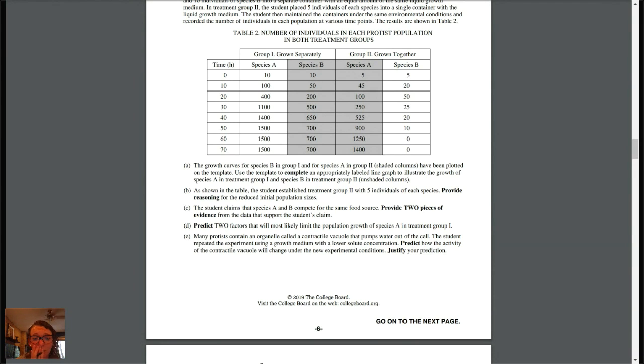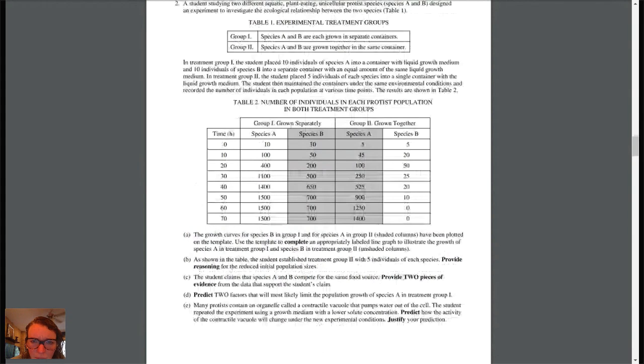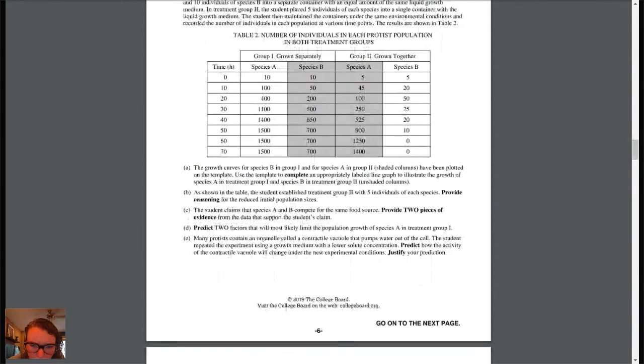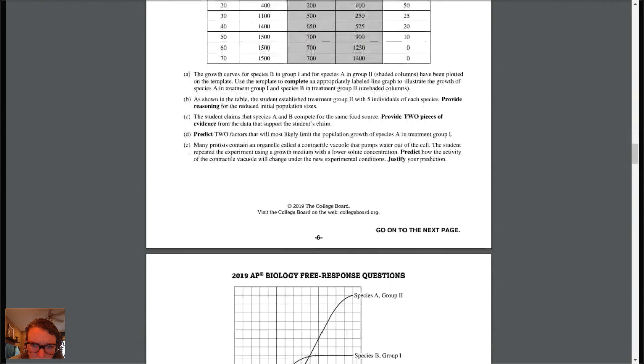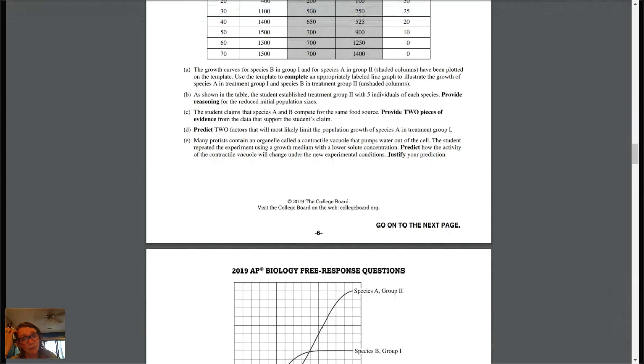Why would the contractile vacuole work less? It's going to pump less water out of the cell if the solute concentration is... give me a second. Let me reread this. I just went through this with my students, but you could be right. Protist pumps water out. Okay, because so this is a really good question, Mariah.